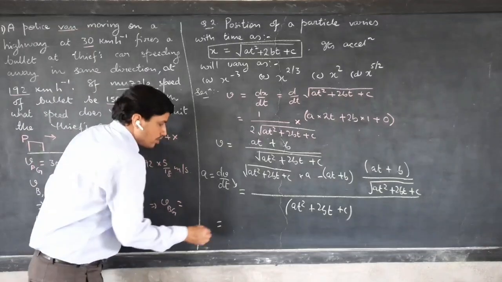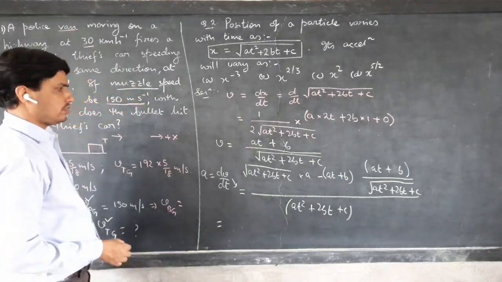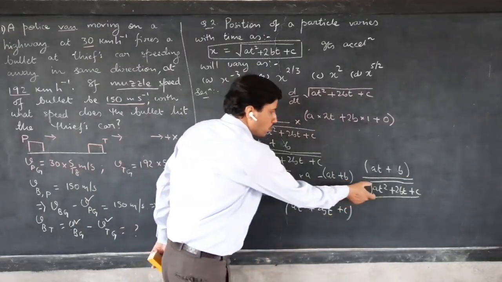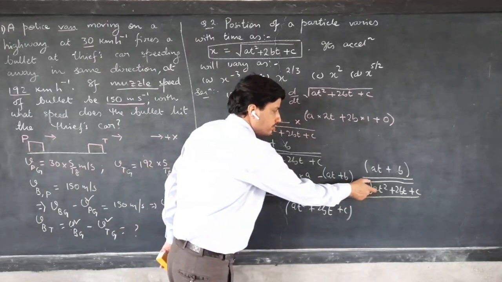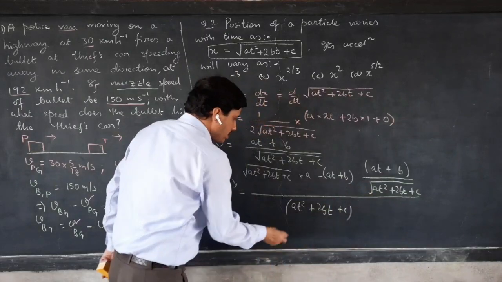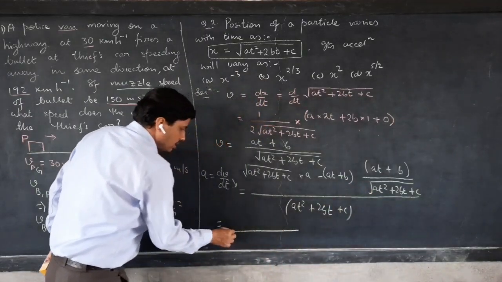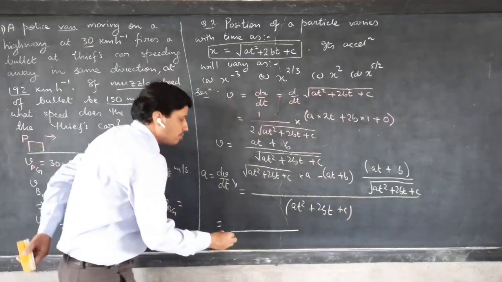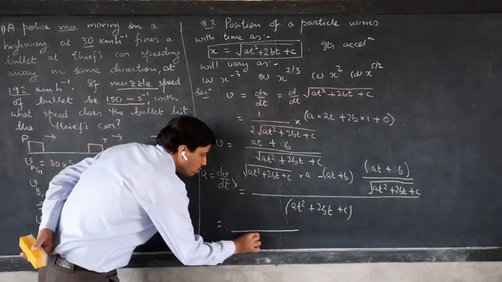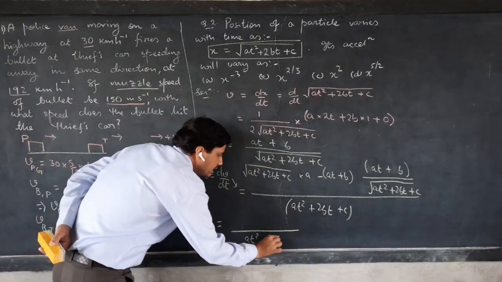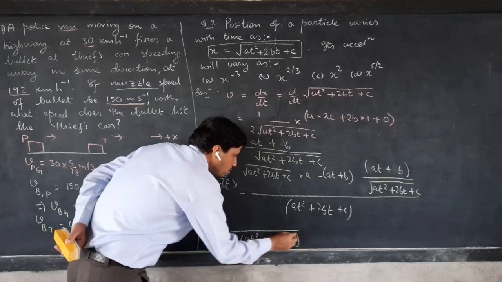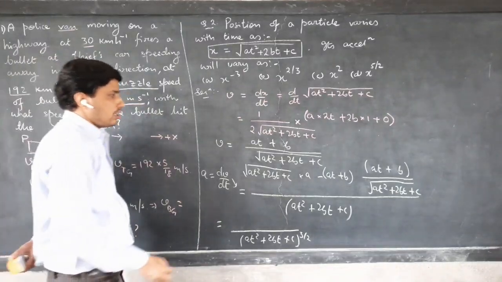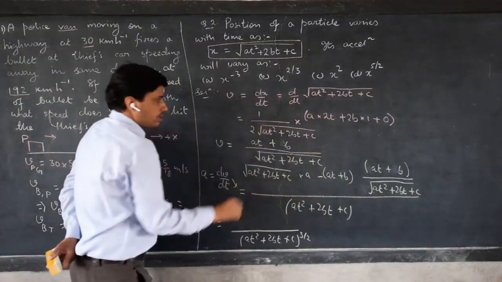Okay, so let's see what do we get. In the numerator, we can take LCM, so that root will be in the denominator. So this and this will be multiplied. And what will be left? Here power is half, here power is 1. Half plus 1 is 3 by 2. So we'll get AT square plus 2BT plus C to the power 3 by 2. Now this will be multiplied to this.